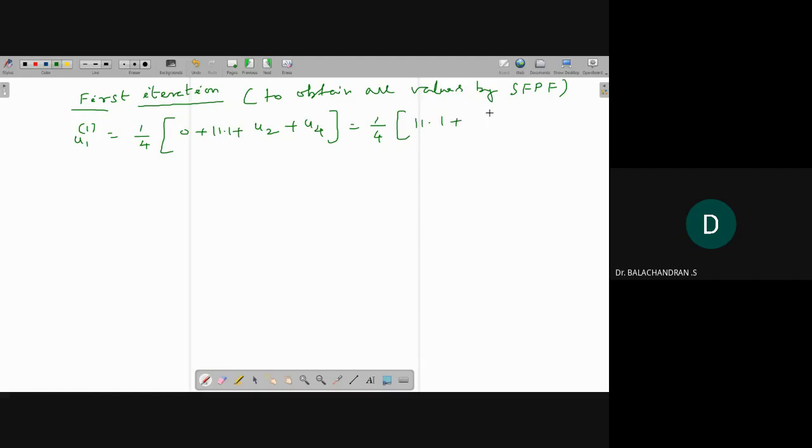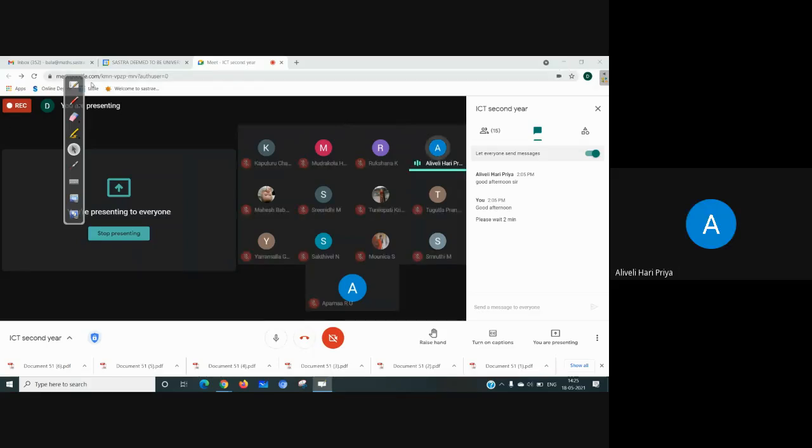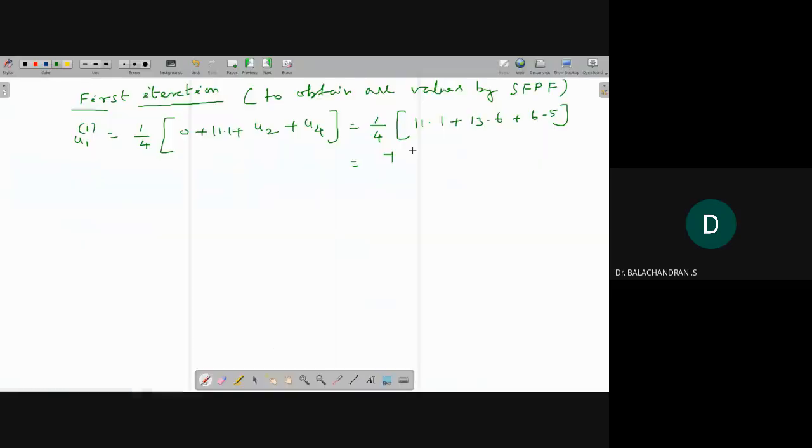Check it. U2 is 13.6. Yes. And then U4 is 6.5. Now if you simplify this, you'll get 7.8. Okay, 7.8.